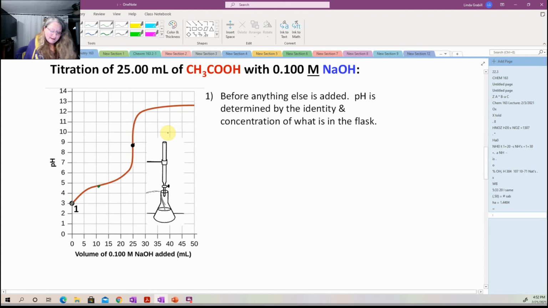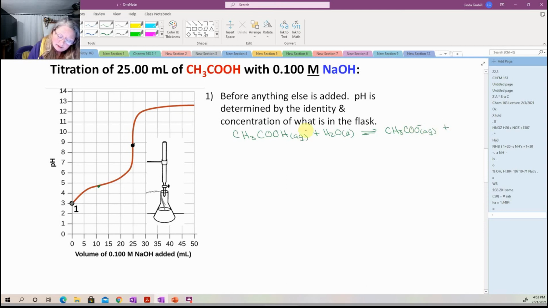So before I've added anything into the flask, we can think of it in terms of just a reaction with, let me choose a different color, CH3COOH aqueous, plus water liquid, and that will be in equilibrium, going to its conjugate base, CH3COO minus aqueous, plus what?